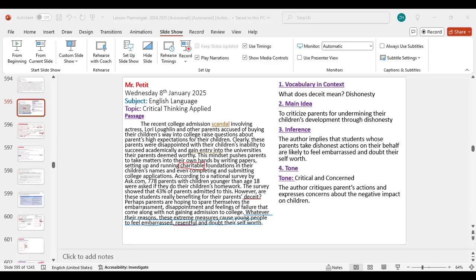If you want to see the passage, you just have to reset the page, and then you'll be able to see the passage.